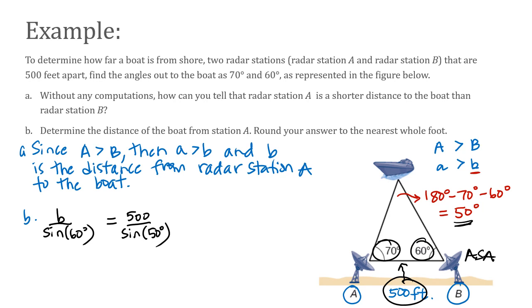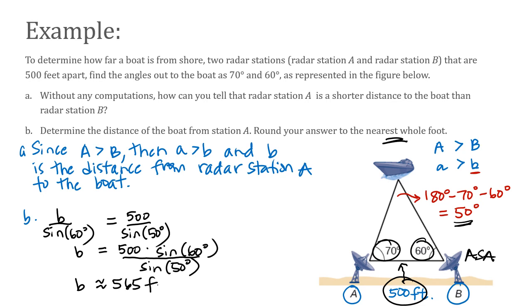Okay, so I'm going to multiply both sides of this equation by the sine of 60 degrees, and that's going to get me that b is equal to 500 times the sine of 60 degrees all over the sine of 50 degrees. I'm going to put that whole thing into my calculator, and when I did that, I got approximately, rounded to the nearest whole foot, 565 feet.